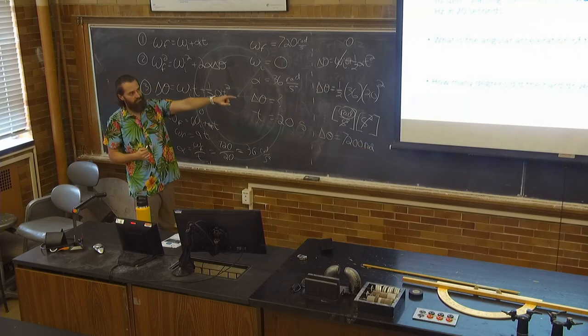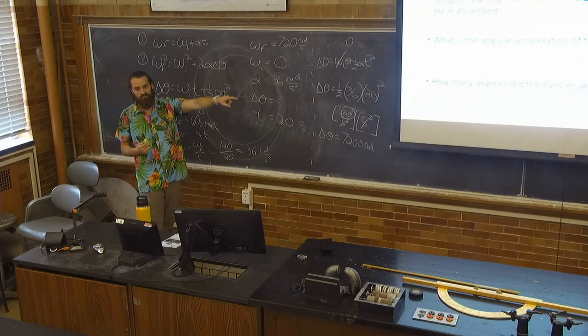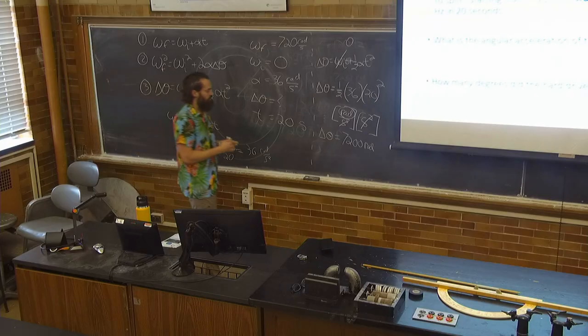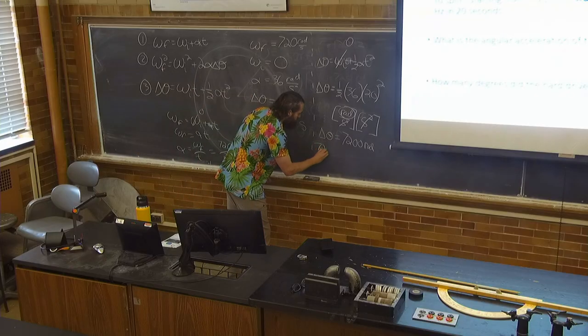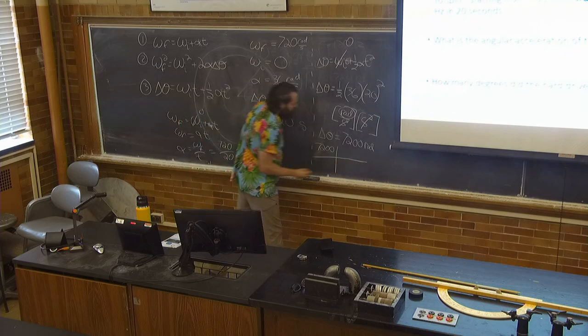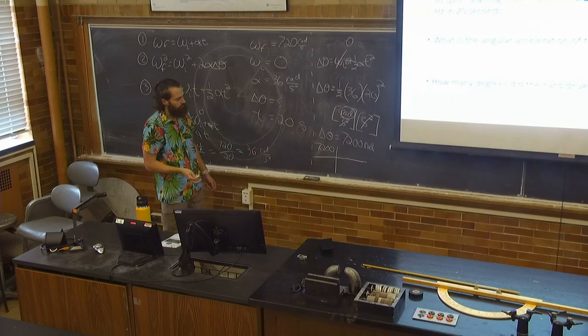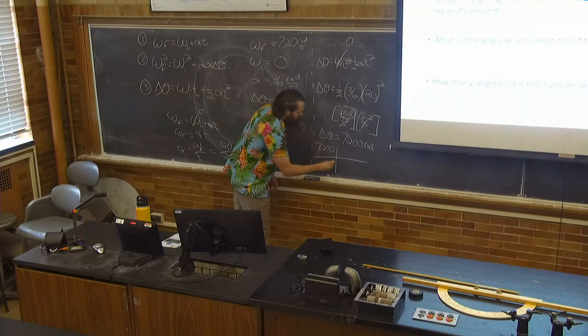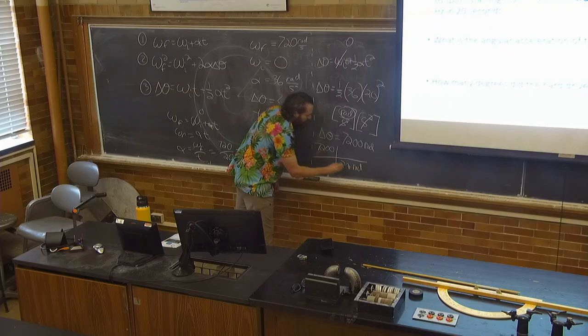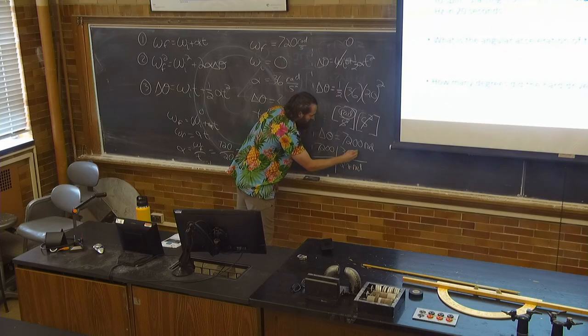But the question asked us how many degrees did the hard drive rotate through, not how many radians. So now we have to take the 7,200 and convert it to degrees. So this is where we use that conversion factor. There are 2 pi radians in 360 degrees.